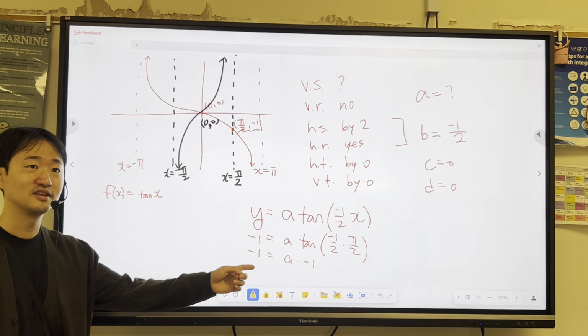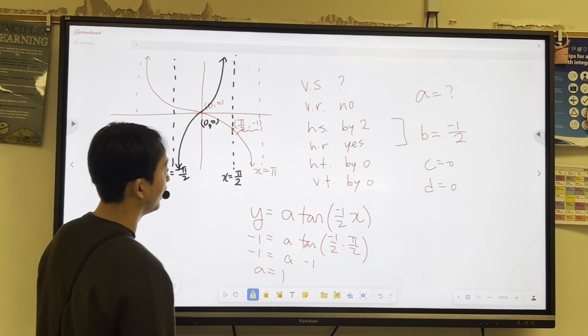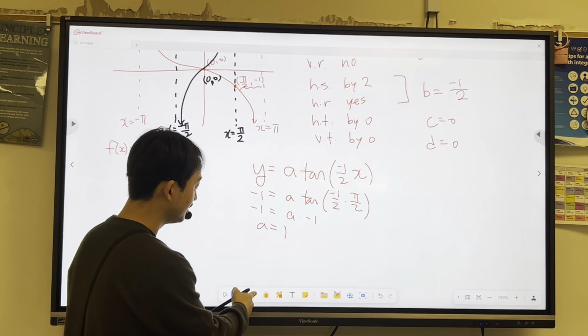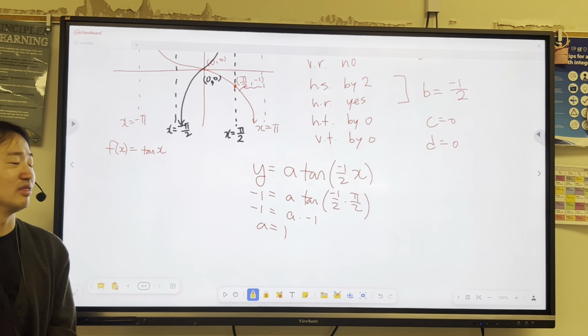So what is A here? So A is 1. So my answer for vertical stretch was there was a stretch by 1.